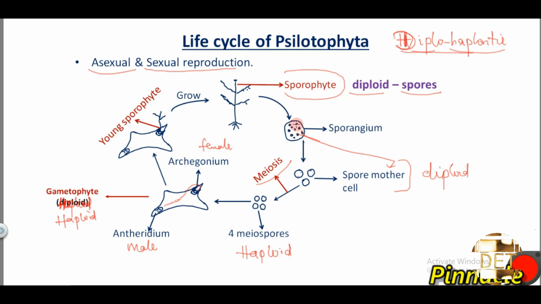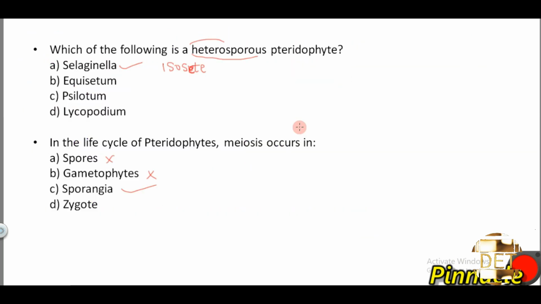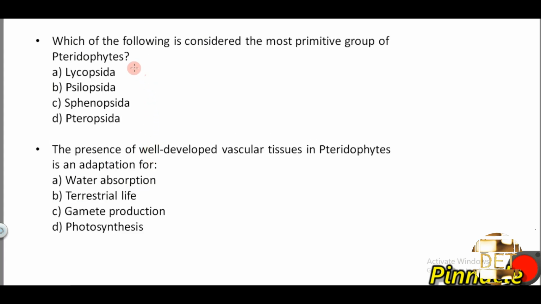And when this sporangium ruptures, it releases the meiospores, which then germinate to form the gametophyte plant, right? So meiosis occurs in the sporangium. Very important. Back to the question, in the life cycle of pteridophytes, meiosis occurs in the sporangia.